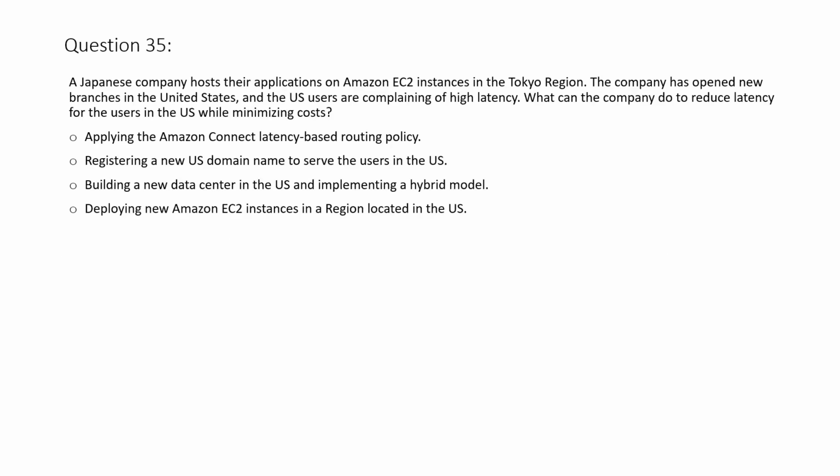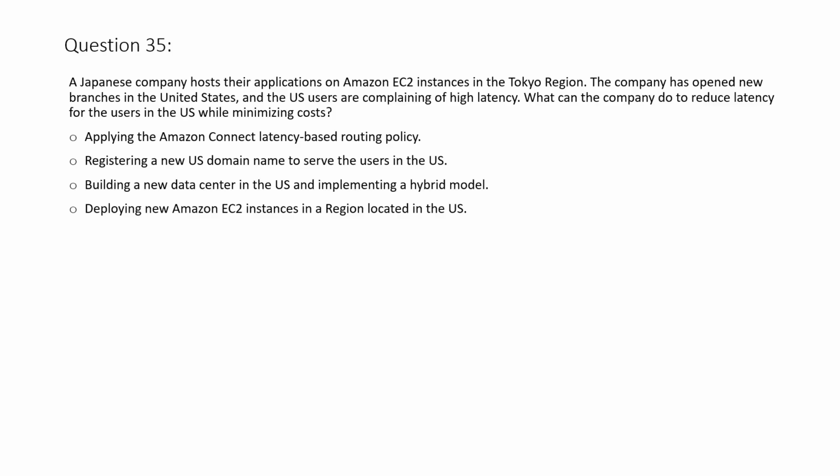Question number 35. A Japanese company hosts their application on Amazon EC2 instances in the Tokyo region. The company has opened new branches in the United States. Users are complaining of high latency. What can the company do to reduce the latency for the users in the US while minimizing the cost? Option A, applying the Amazon Route 53 latency-based routing policy.